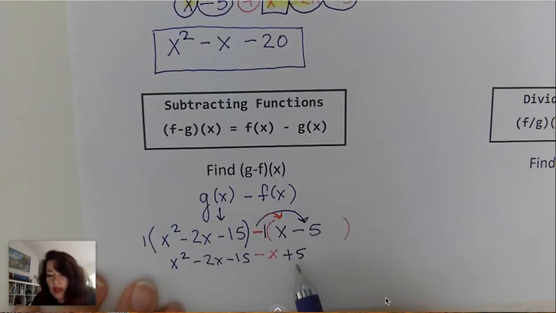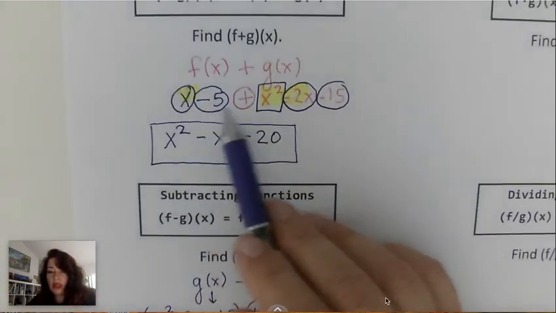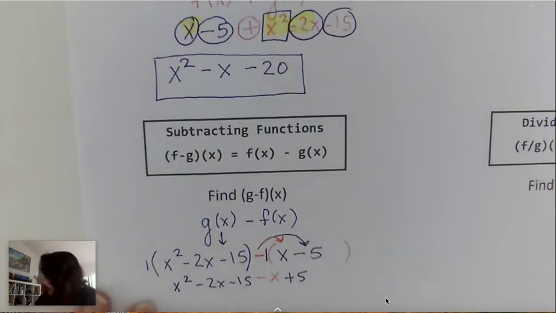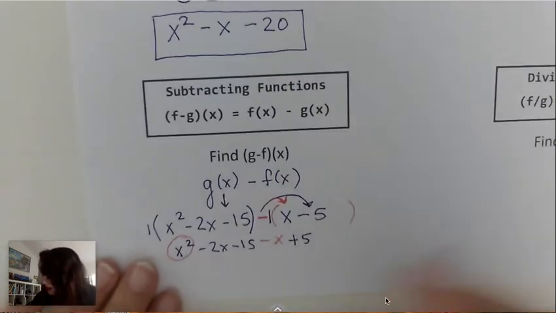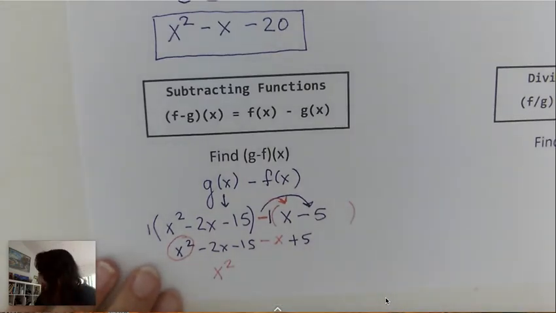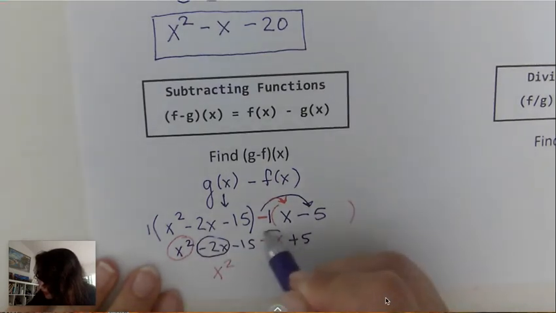So after we have done that, we basically will add all our terms just like we did in the first example. But we're going to take our highest degree, so that is x squared. And there's no other x squared term, so I'm going to write that down. And then I'm going to look at my next highest term, which is negative 2x and minus x.